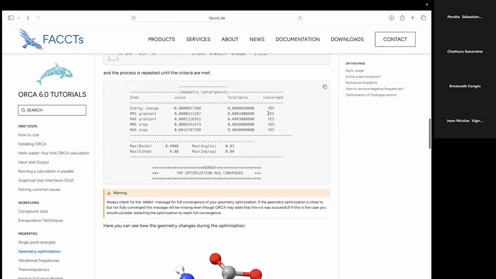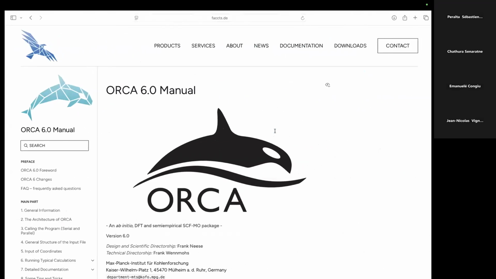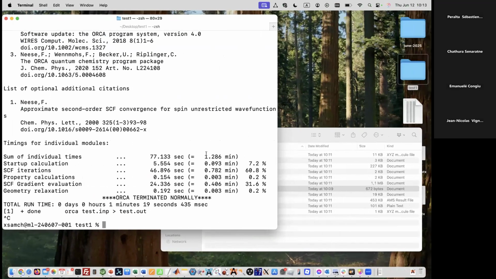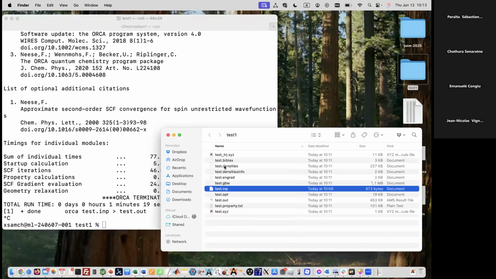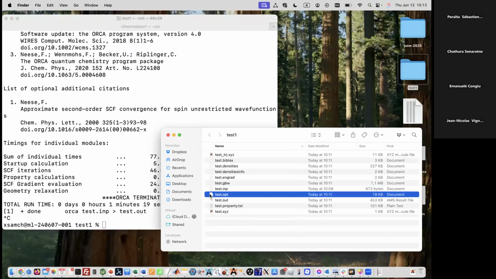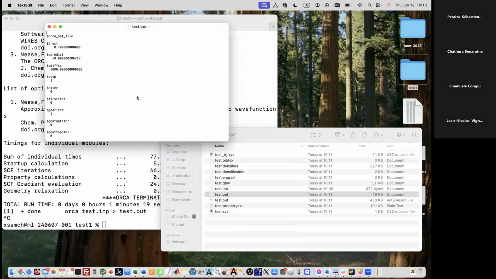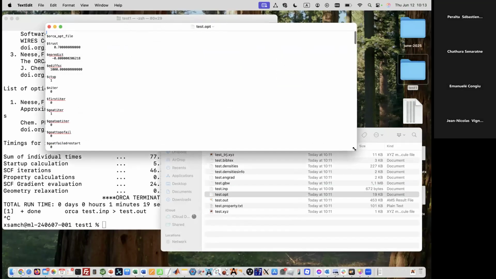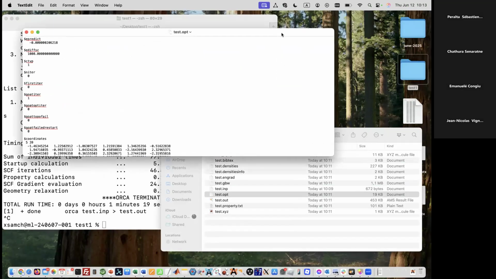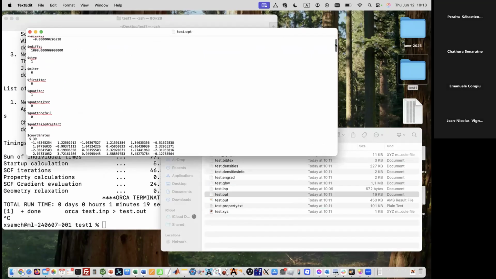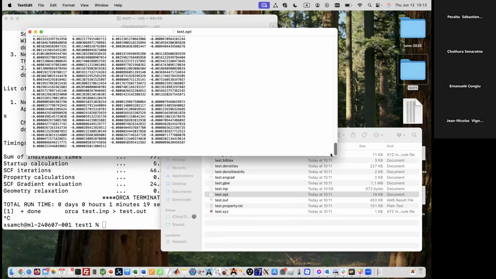For example, like here. So you can really see it in the output file. If you look at the output file of the computation, let's go through it. I will go to the end of the file. Sorry, this is the wrong file.